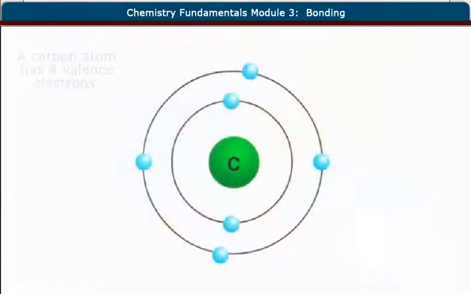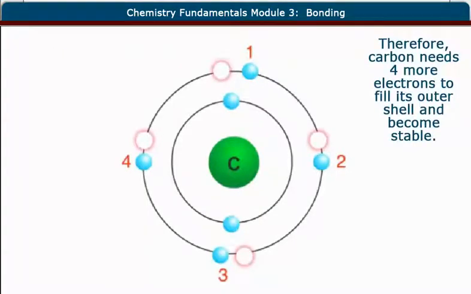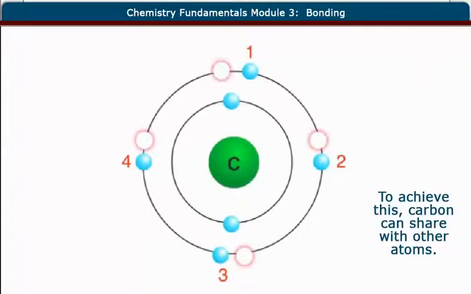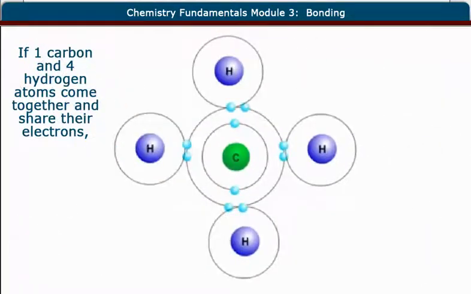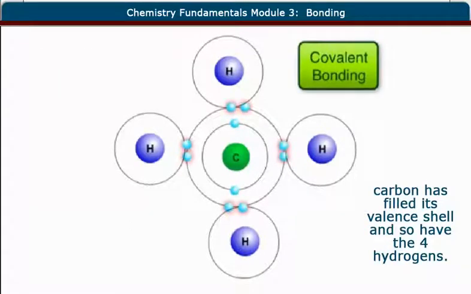A carbon atom has 4 valence electrons. Therefore, carbon needs 4 more electrons to fill its outer shell and become stable. To achieve this, carbon can share with other atoms. If 1 carbon and 4 hydrogen atoms come together and share their electrons, carbon has filled its valence shell and so have the 4 hydrogens.